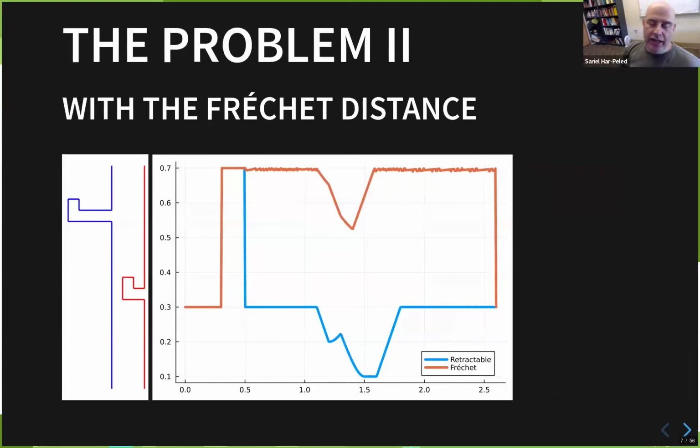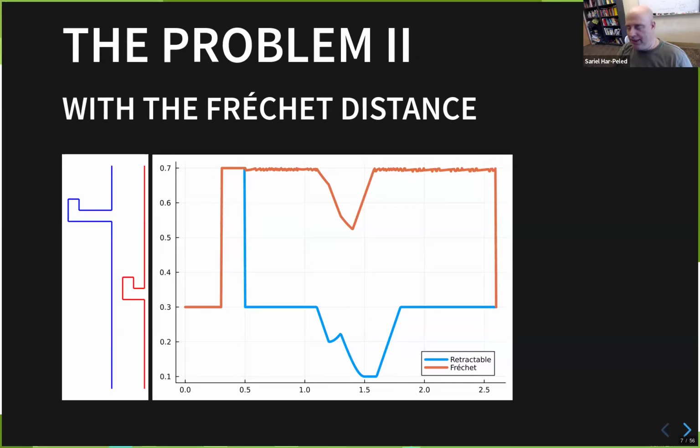In particular, here's another example where we are matching the two curves on the left. And on the right figure, you can see two morphings, in fact. So this is a profile. So what is a profile? A profile is just, I show you at every point in time what is the length of the leash.